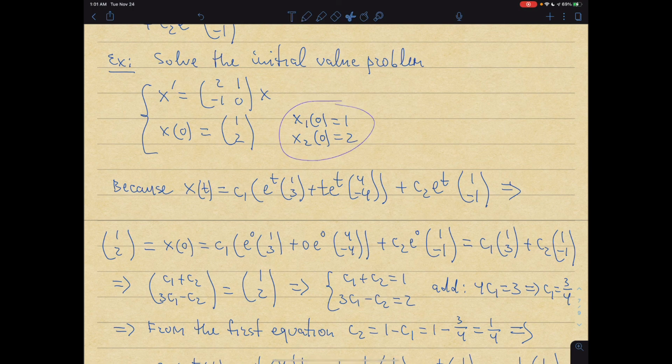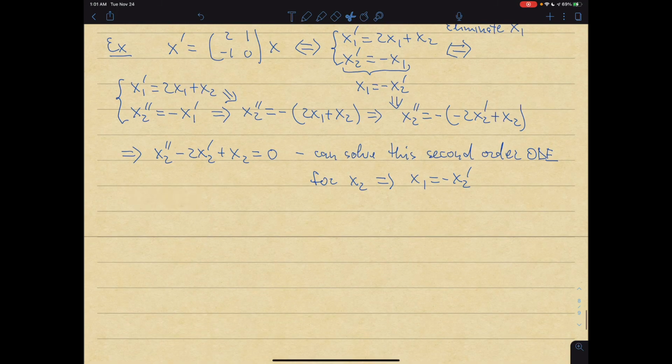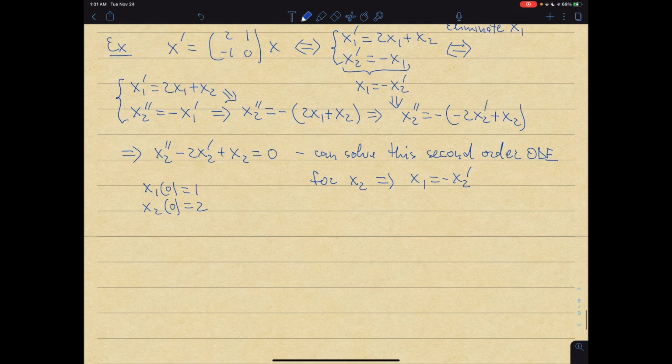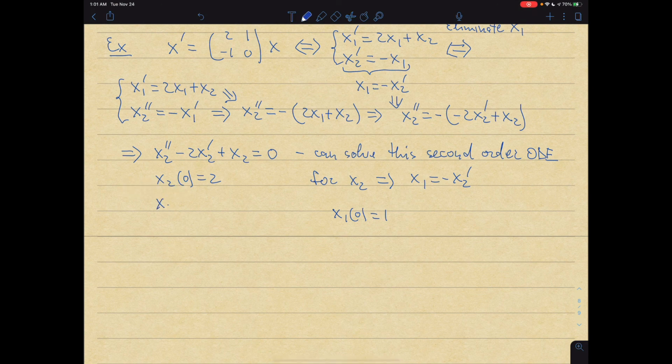So if we take that and move it down here, what do we see? For x2, I already have the initial condition, so I can just add it here. This is the initial condition for x2. If I want to solve the initial value problem, I also need the initial condition for x2 prime at 0.